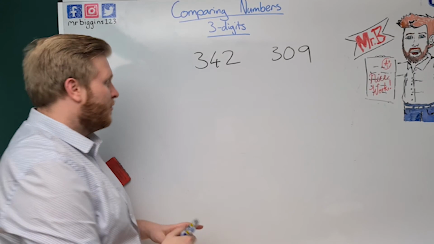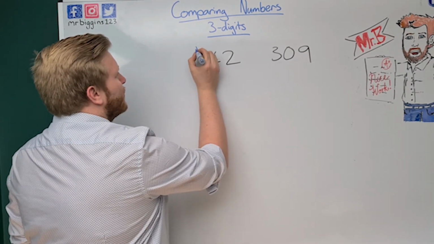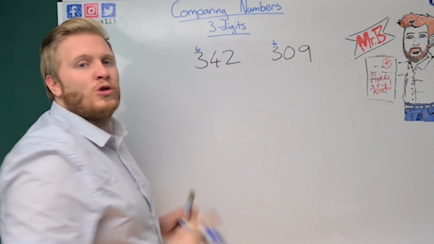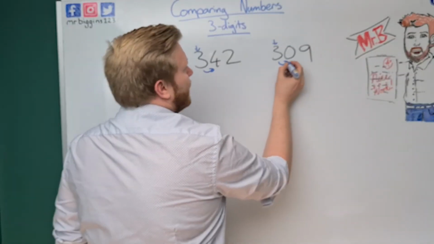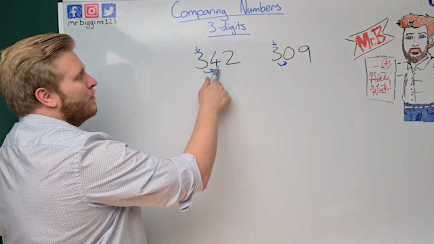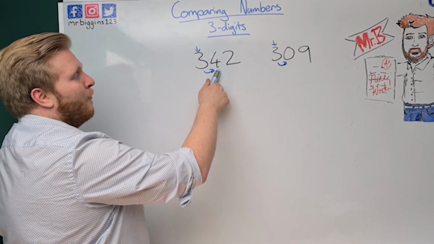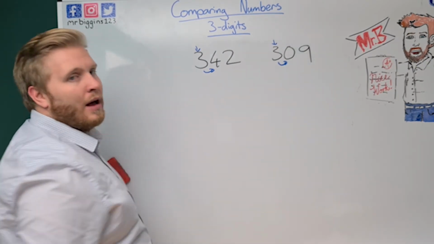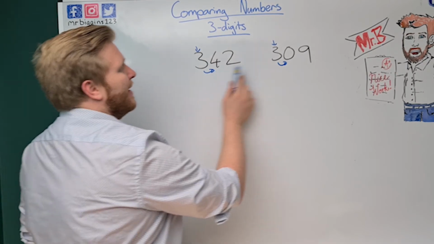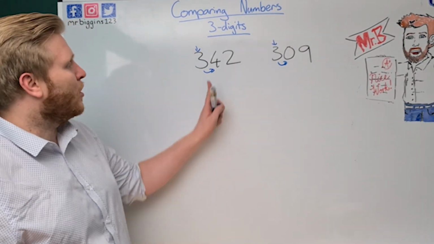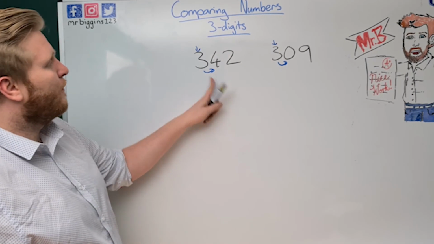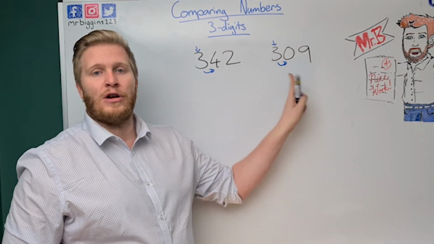We have 2 3s. These numbers are both the same, so we move down to the next one. So we're going to move down, and when we move down now, we have a 4 in here and a 0 in here. And we know a 4 is bigger than a 0. So this is now our bigger number. This is our greater number. So 342 is greater than 309.